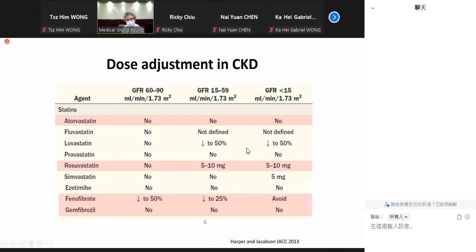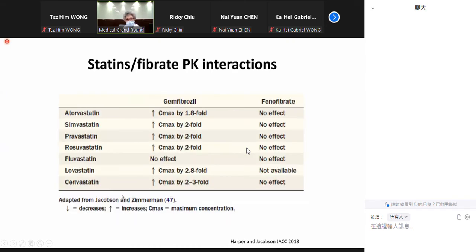There are some situations where we might have to give both drugs, and this is really where the statin and fibrate PK interactions can occur. The co-administration of statins and fibrate can increase the statin level by 1.58 to twofold.